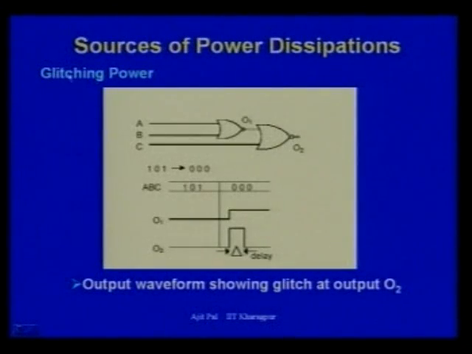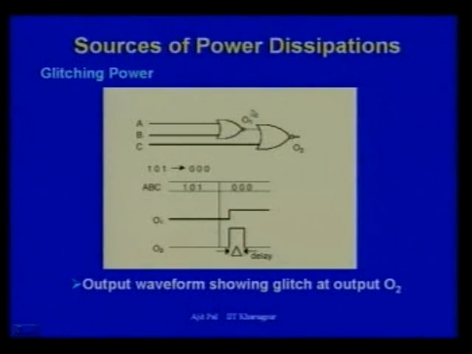Coming to the third type of dynamic power dissipation, that is your glitching power. Normally, we assume that the gates do not have any delay, zero delay, but in reality that is not so. The gates will always have some delay, and because of delay, what can happen is illustrated in this simple circuit.